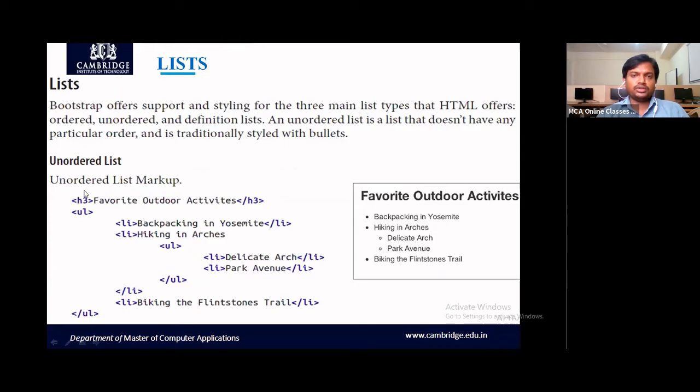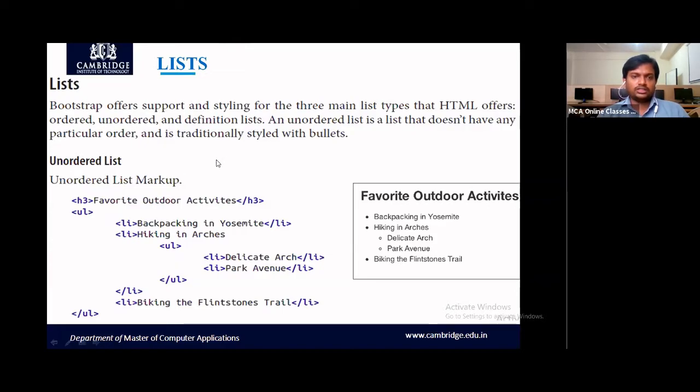So like this, whenever we have some headings or important points, we can make that a list. Here li will list the contents, and if you want to make that list unordered or ordered, we can use ul or ol. ul stands for unordered list and ol stands for ordered list.